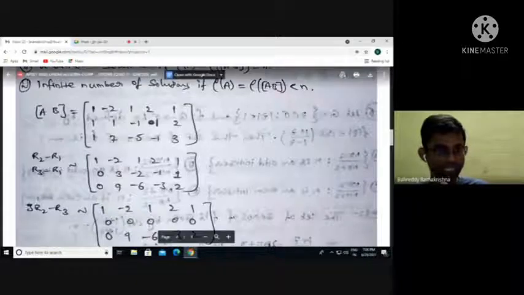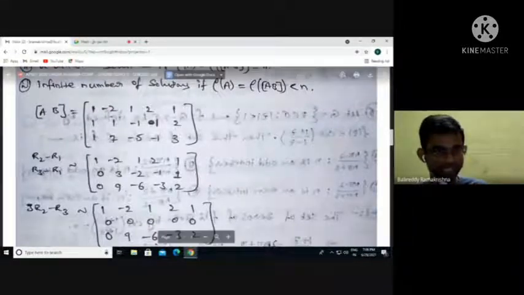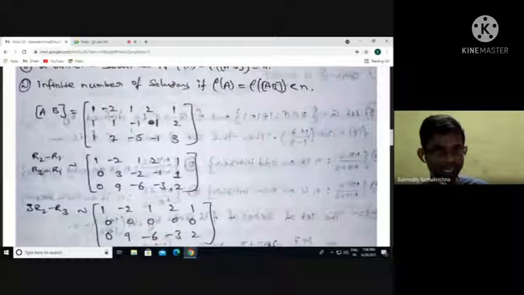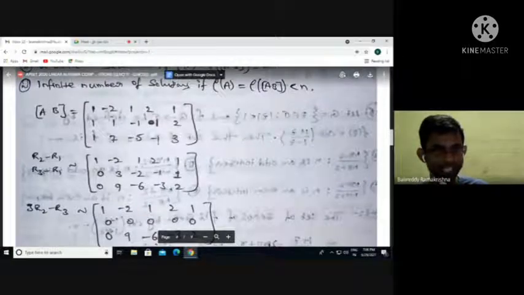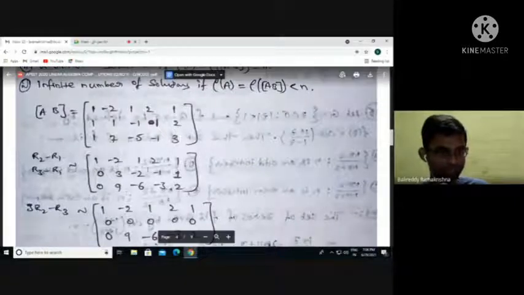Similarly, R3 minus R1 means the R3 row becomes 0 9, because 7 minus of minus 2 is plus 9, minus 6, minus 3, 2. This is the second operation.